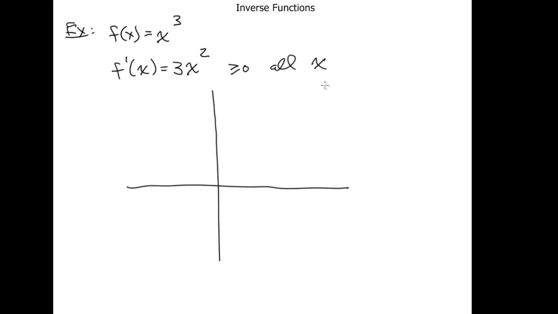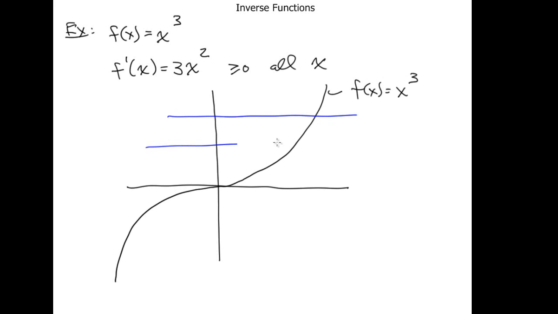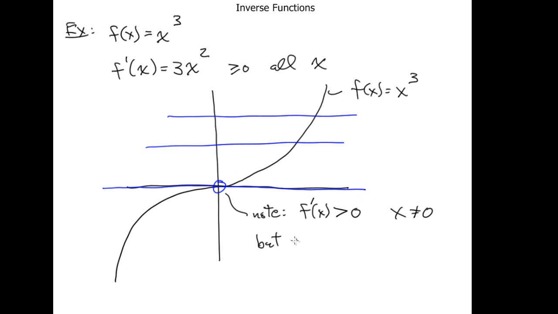Let's graph the function. And the graph looks like this. So you can see that f of x is clearly increasing. It satisfies the horizontal line test. Now, the horizontal line through the origin, you have to be a little careful. That's an inflection point. The derivative is 0 there, but it's not a problem because the derivative is only 0 at that one point.